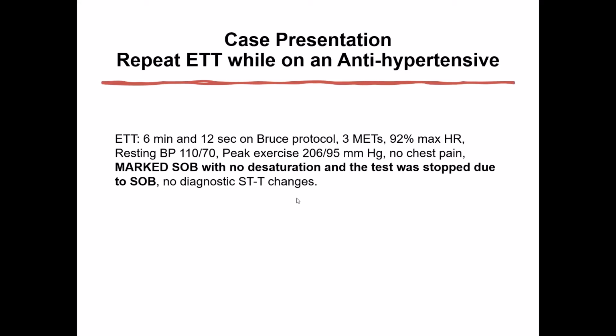And still no diagnostic changes. So looking at this, it's still the same as it was a few months ago. Same findings, no chest pain, still a low-risk test for ischemia, but her symptom of shortness of breath is significant and with no desaturation. So to some extent, we can say this is not lung, it's coming from somewhere else.